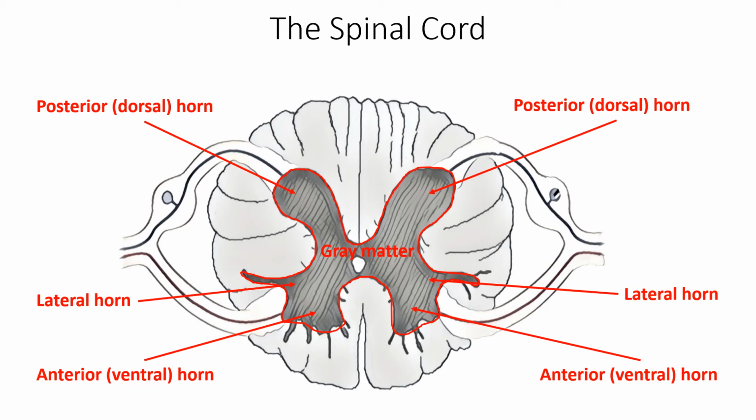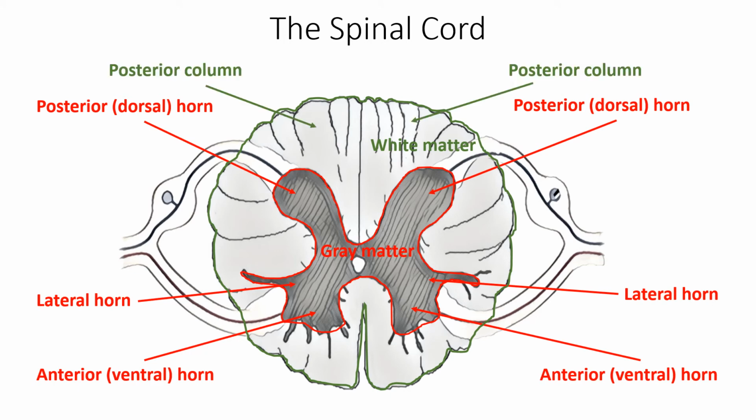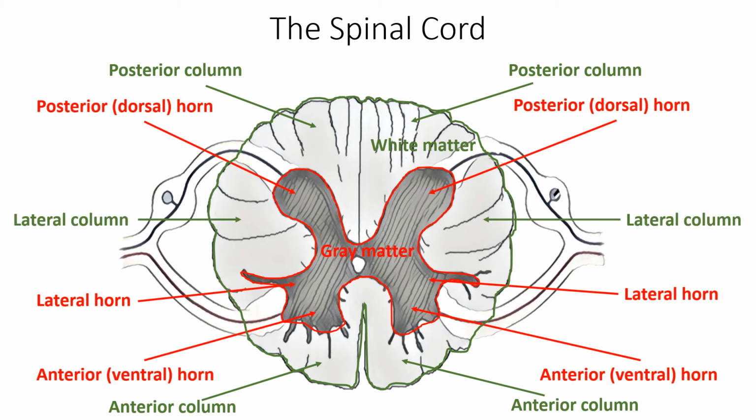Around the gray matter, you will find white matter, which is subdivided into regions called columns. Posterior columns are located in between two posterior horns of the gray matter. Anterior columns are located in between two anterior horns of the gray matter, and lateral columns are located on each side of the spinal cord in between posterior and anterior horn of the gray matter.